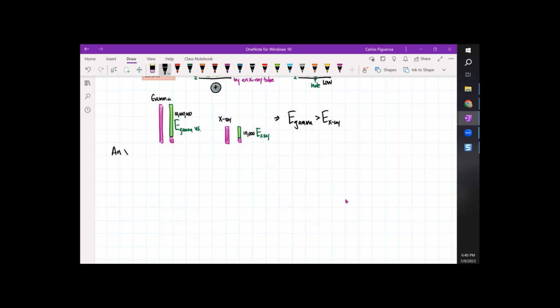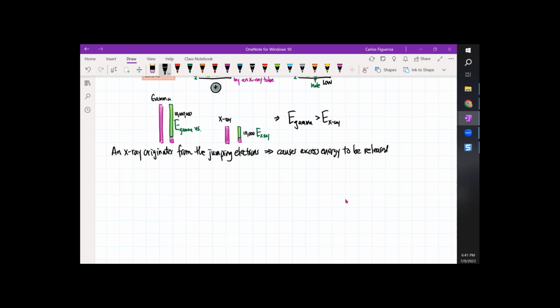So an X-ray originates from electrons jumping to the lowest energy level, and as a consequence, this causes excess energy to be released.